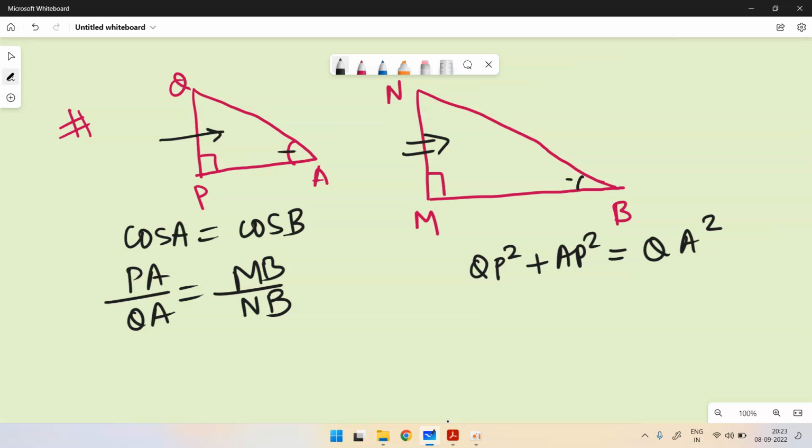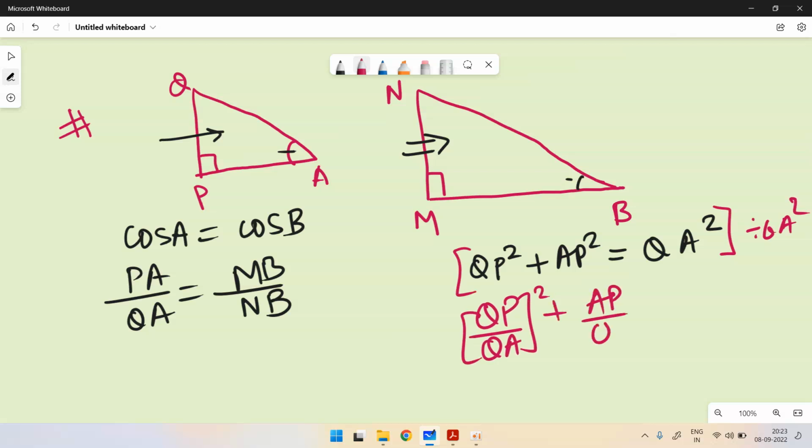Let me directly solve this. If I divide this by QA whole square, this will be QP by QA whole square plus AP by QA whole square equals QA by QA whole square, which means this will be 1.